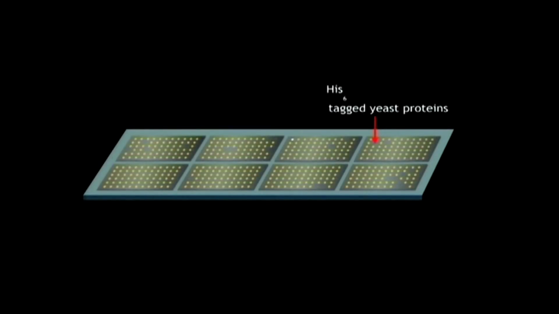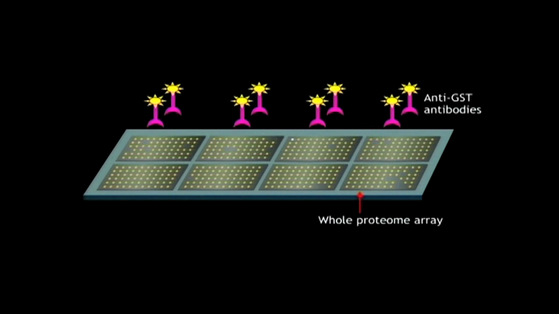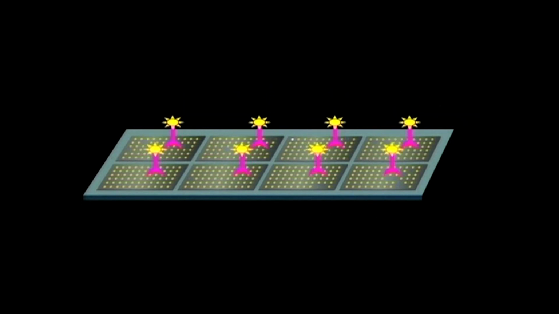The study was performed by Zhu et al. Global analysis of protein activities using proteome chips. Authors generated a yeast whole proteome array by expressing 5800 purified proteins on a single nickel coated slide.